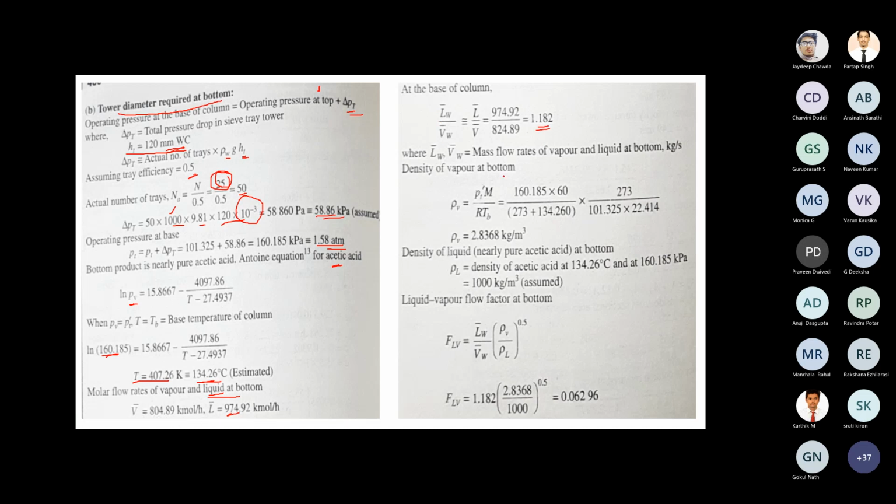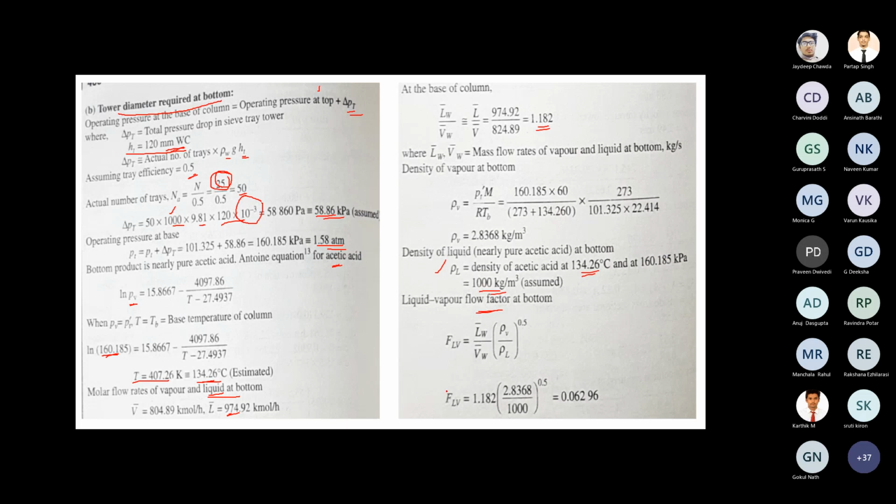The density of vapor at the bottom, rho V, you can calculate as we have done in the earlier case. The density of acetic acid at 134 degrees, that is 1000 kg per meter cube, almost, because at the top it's 1010. Here you can make it 1000. So again calculate the flow factor FLV, that is L by V times (rho V by rho L) power 0.5.